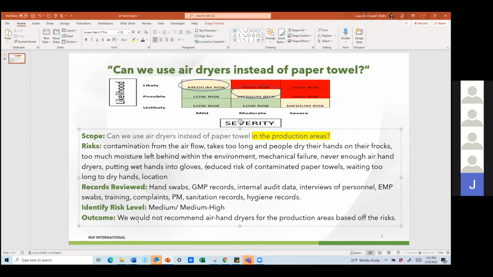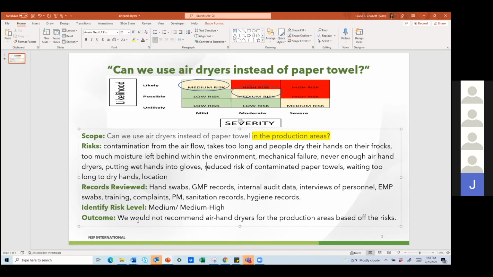So that's one of the instances where they could say, hey, how did you determine this? How come you decided to use snaps instead of buttons, that kind of stuff. So they could be looking at that during the audit.